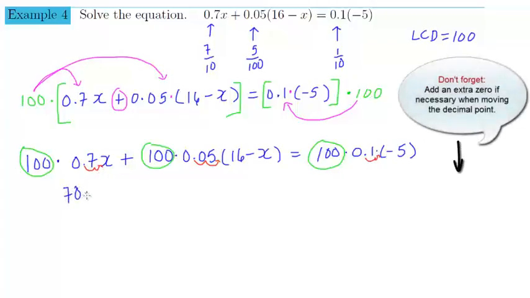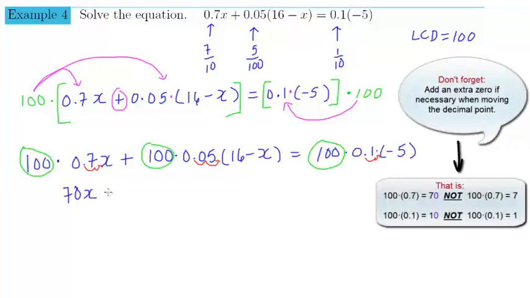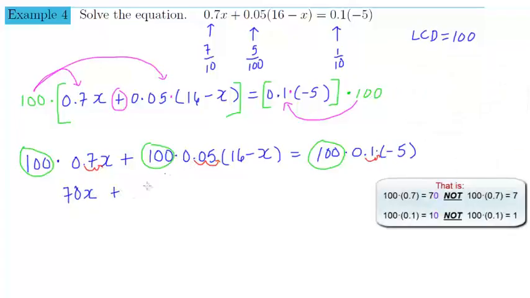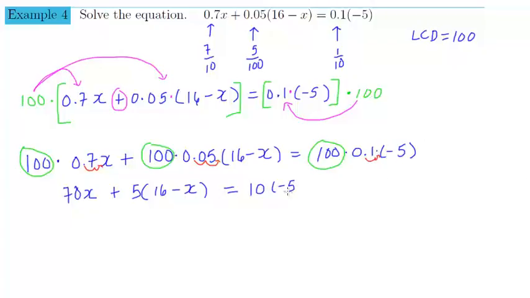And I have an x attached, so 70x plus 100 times 0.05 is just going to give me 5. Then I write my parentheses, 16 minus x equals 100 times 0.1 is going to give me 10. And then I still have a negative 5 that I have to multiply by.